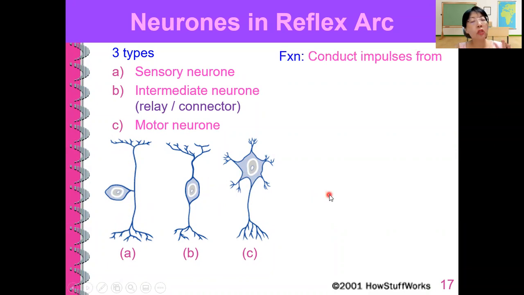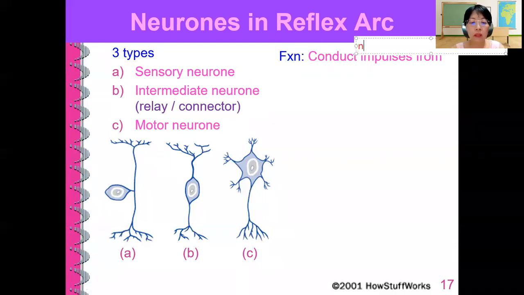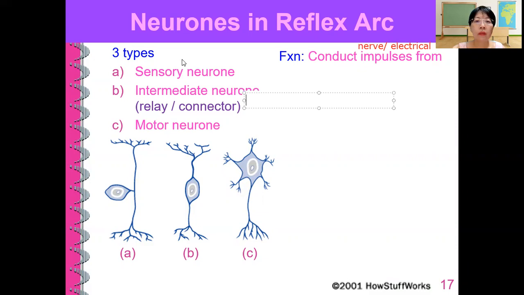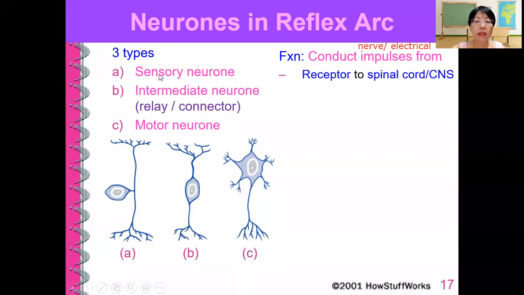Let's look at the function of these three neurons first. The function of the neuron is to conduct the nerve impulse, or electrical impulse. For the sensory neuron, it is from the receptor to the spinal cord or CNS.